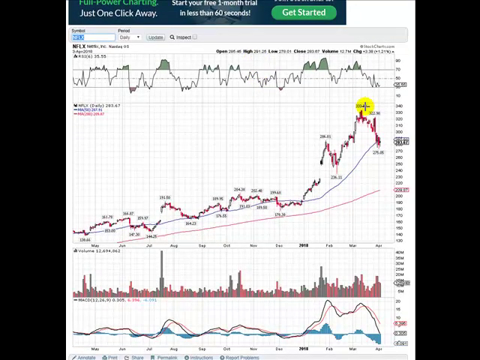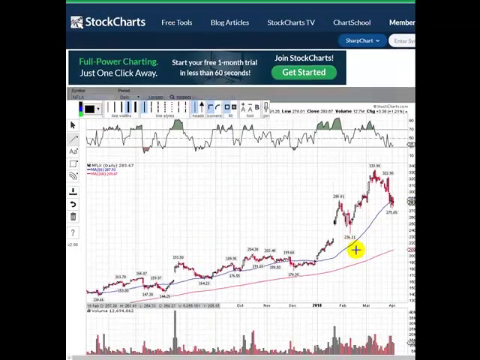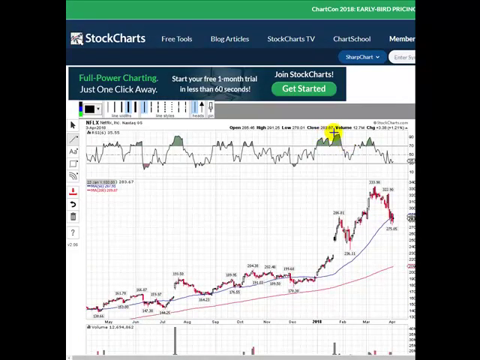Netflix had a big reversal here at its top, and then its next high had a very violent reversal downward, a very large, long red line. And then notice you've got your divergences. Pull it up here. You've got a little bit of divergence here, and then you've got quite a bit of divergence here.